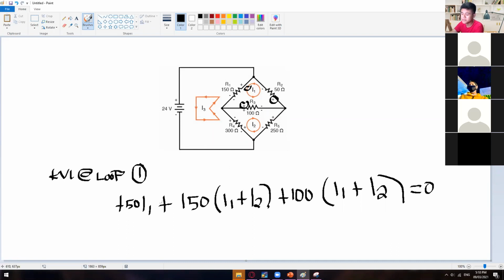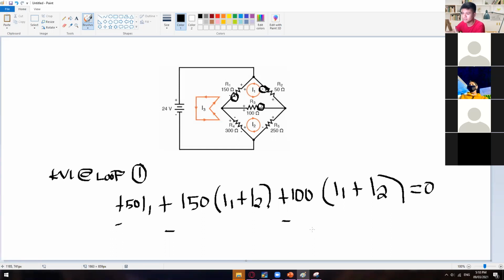So positive 50 I, positive 150, positive 150, and then positive 100. However, if we choose the other symbol, if it's the endpoint, negative, negative, negative, then you just have to change this one. So negative 50 I sub 1, negative 150, and then negative 100, which is also the same.